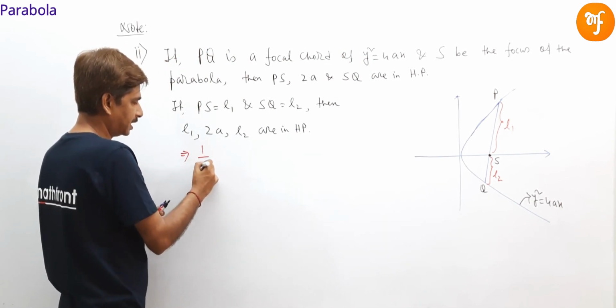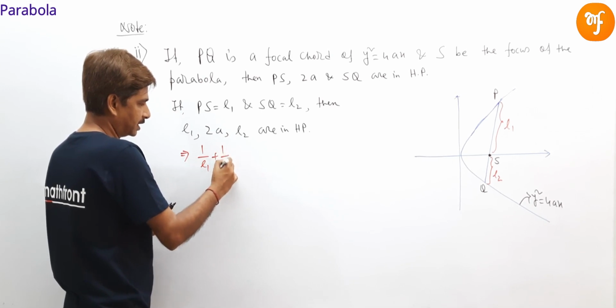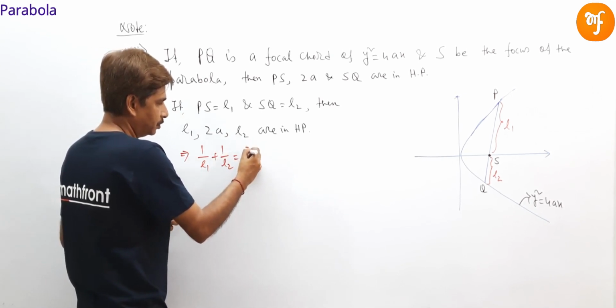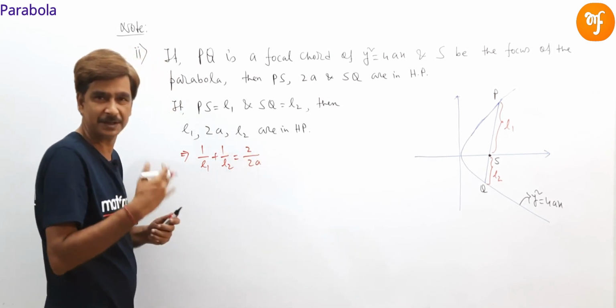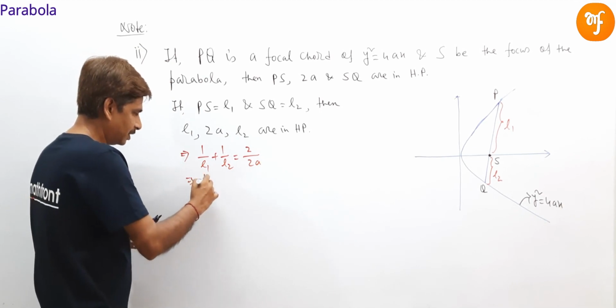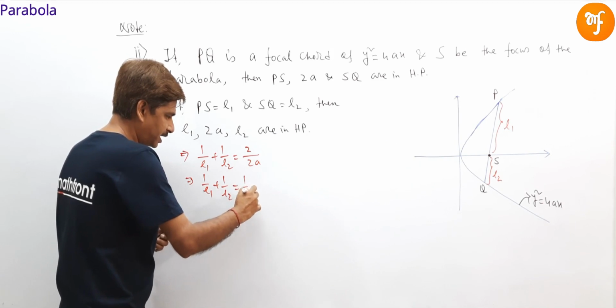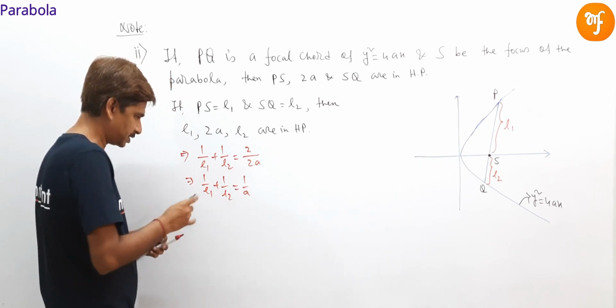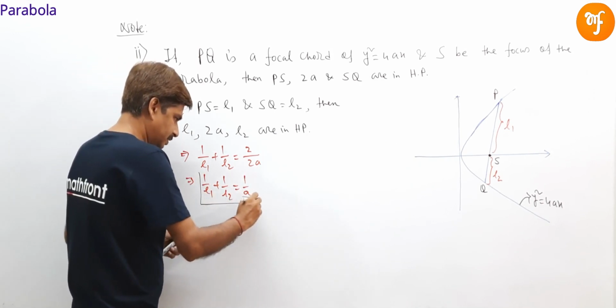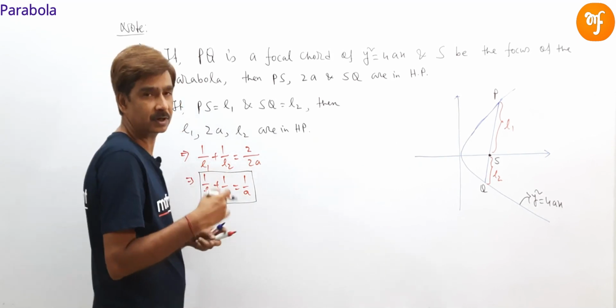From here we can say 1 by L1 plus 1 by L2 is equal to 2 by 2a. Is it? So we can say 1 by L1 plus 1 by L2 is equal to 1 by a. This is a very important relation, you must remember it. It is very useful for your numericals.